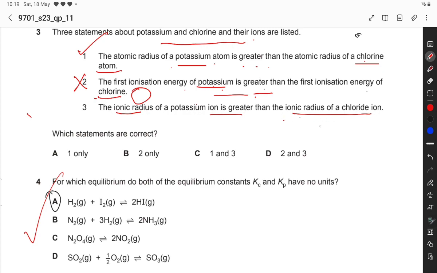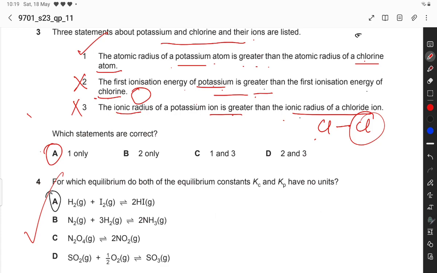So chlorine forms the chloride ion, and the anionic radius is greater than the chlorine atom. So the ionic radius of the potassium ion is smaller than the ionic radius of the chloride ion, so this is also incorrect. So option A is the correct option.